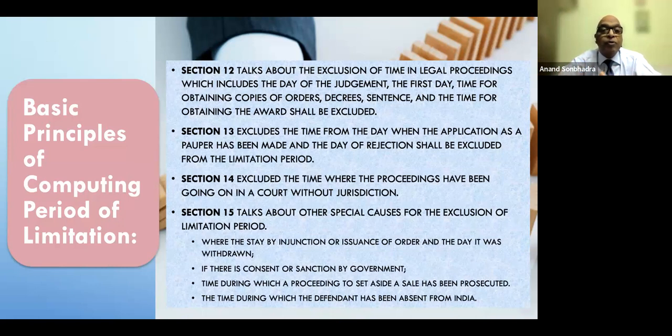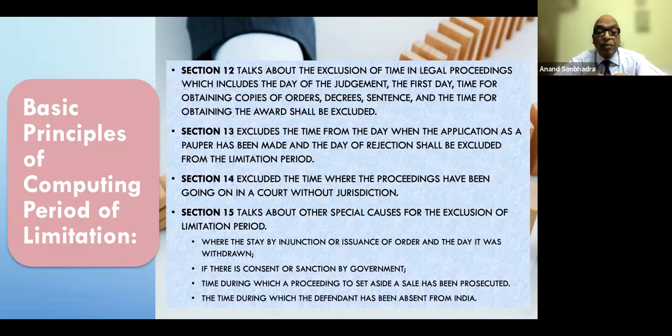Beyond that, we also have to look at what other provisions of the Act are applicable, which may provide exclusions. Section 12 talks about exclusion of time in legal proceedings, which includes the day of judgment, the first day of the application, time for obtaining copies of order, decree, sentences, and time for obtaining the award.